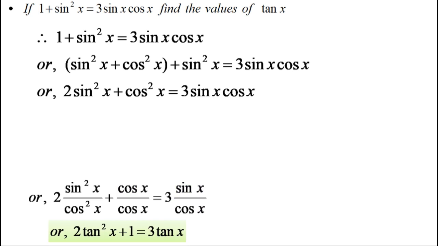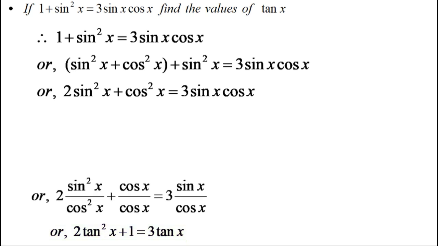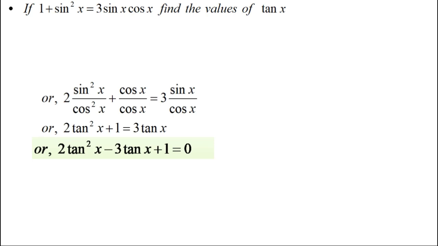We know tan x equals sin x by cos x. Then we put tan x in the place of sin x by cos x and we get 2 tan square x plus 1 equals 3 tan x, or 2 tan square x minus 3 tan x plus 1 equals 0.